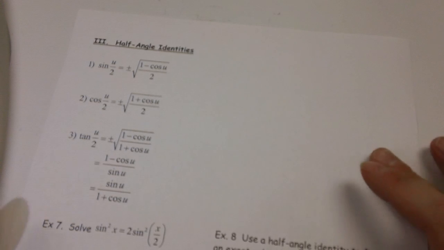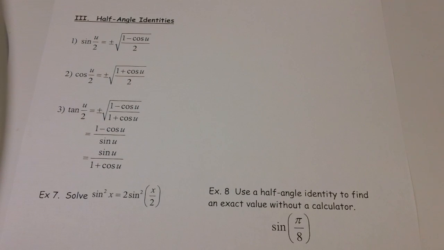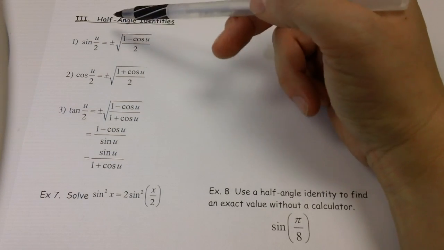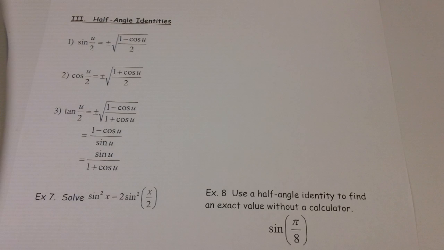The last identity for this video is the half angle identity. There are 3 of them again. Basically, the sine of u over 2 equals plus or minus the square root of 1 minus the cosine of u over 2.